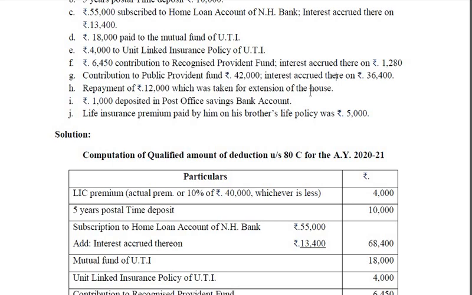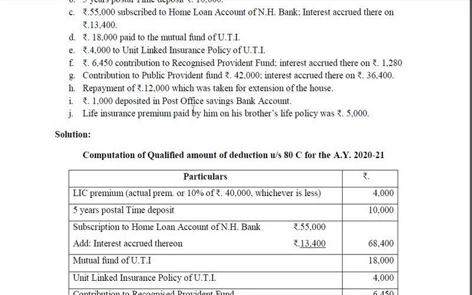Repayment of rupees 12,000 which was taken for extension of house, that's also not qualified because only for purchase of house and construction of the house, if loan is taken, then any principal amount repaid is qualified for deduction. So here it is for extension, renovation, etc. So that's not qualified.